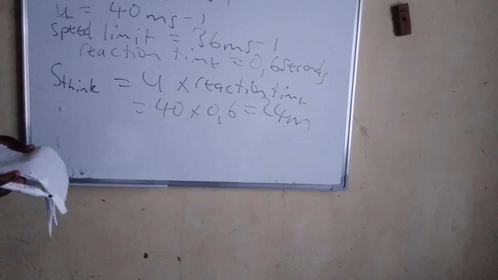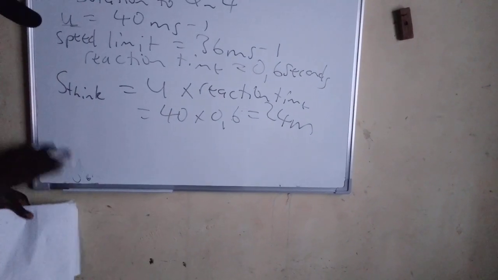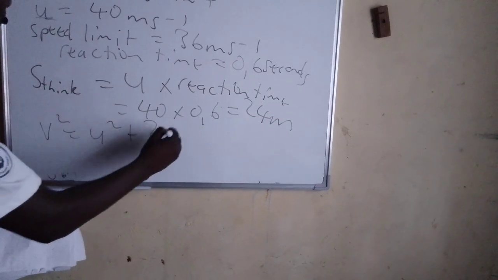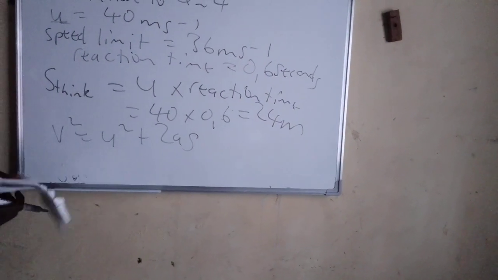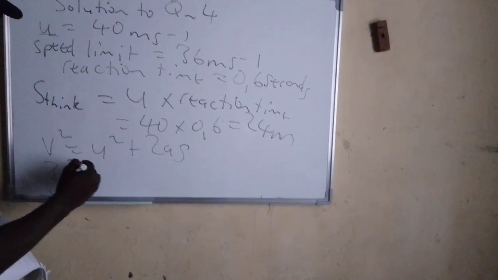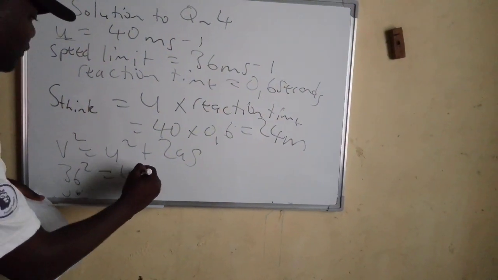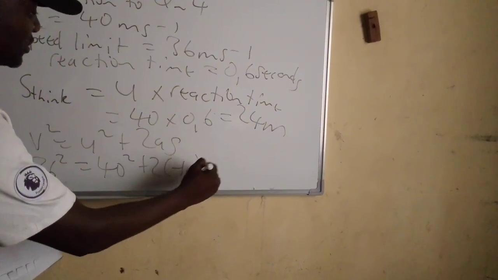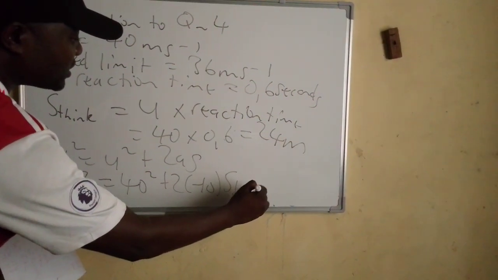That is the thinking distance. Then the braking distance. So it's v squared is equal to u squared plus 2as. The driver must reduce the speed to 36. Initial speed is 40. The acceleration is minus 10. So this will be our braking distance, right?